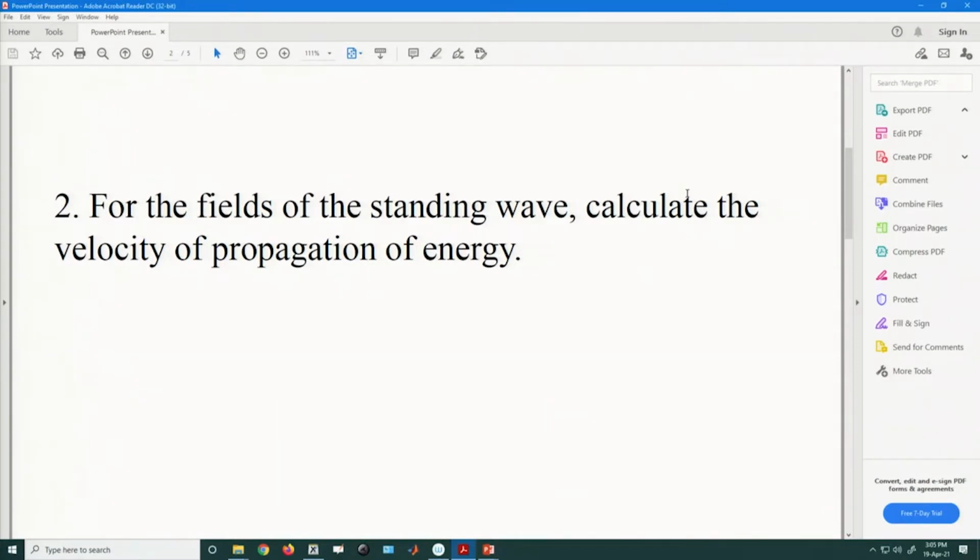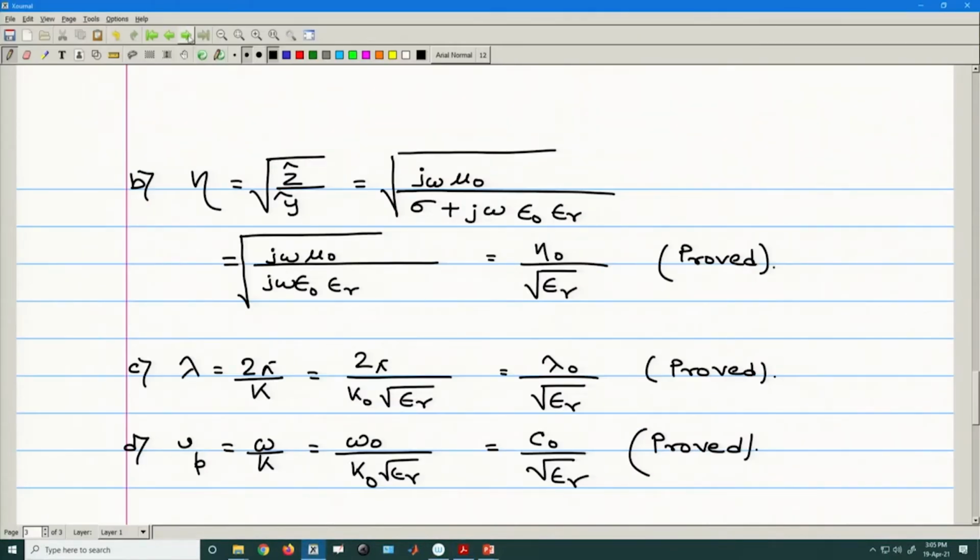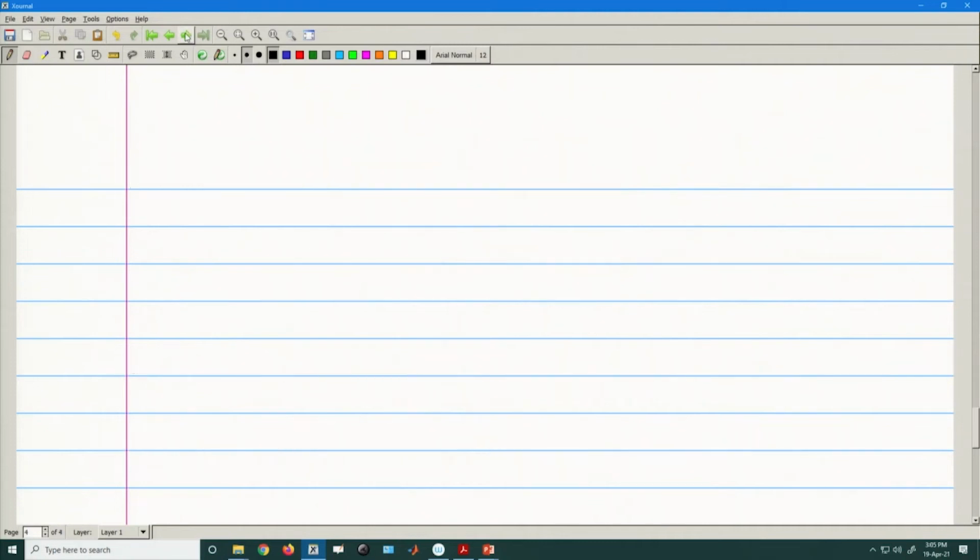Okay. So, we will start solving the second one. Fine. So, we need to find out the velocity of propagation of energy for a standing wave.